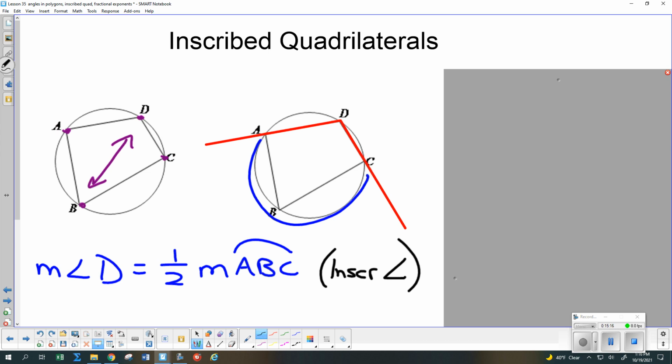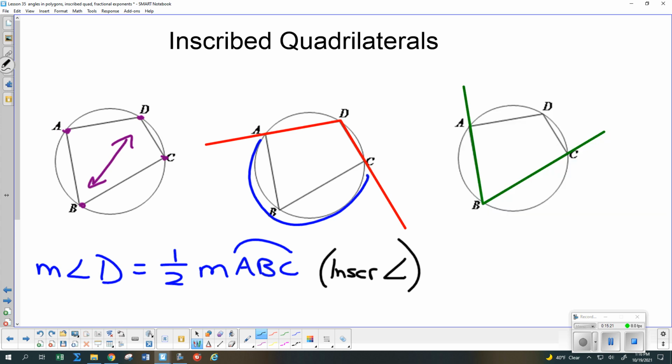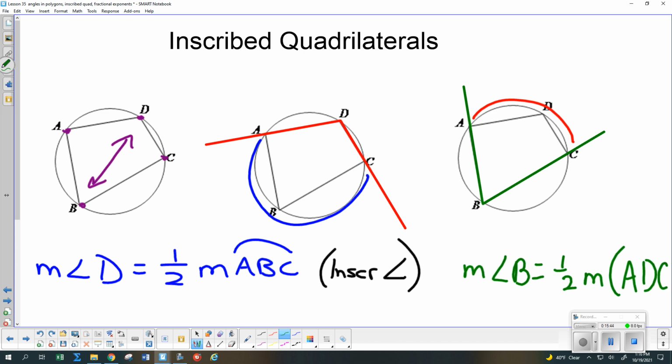Now I'm going to do the same thing with the opposite angle at B. Got another inscribed angle, right? So it should be true that angle B is half of the arc that it catches. So that's what I'm going to write down now. That the measure of angle B is 1/2 of the arc ADC. I didn't really need the 3 letters in there, but just to emphasize what's going on with that.